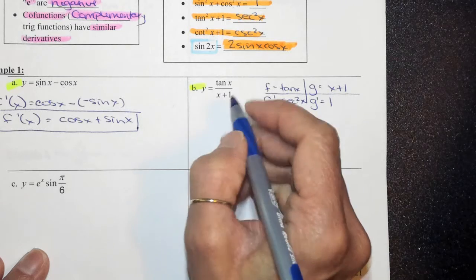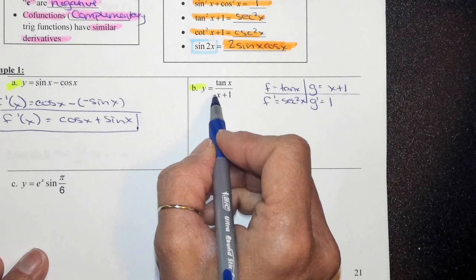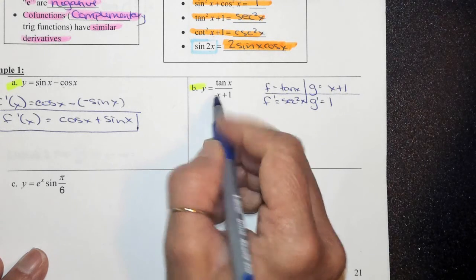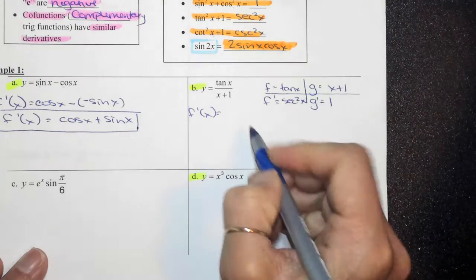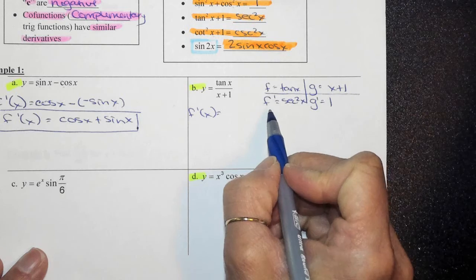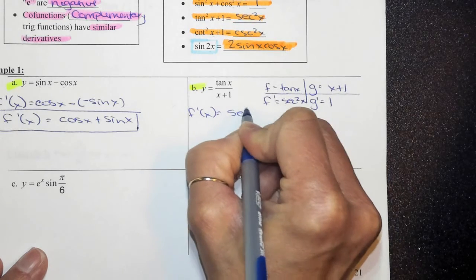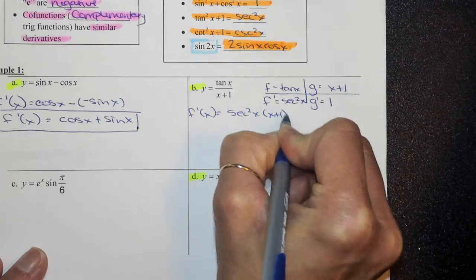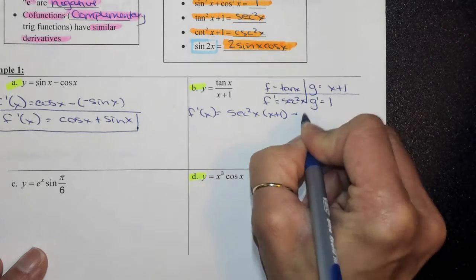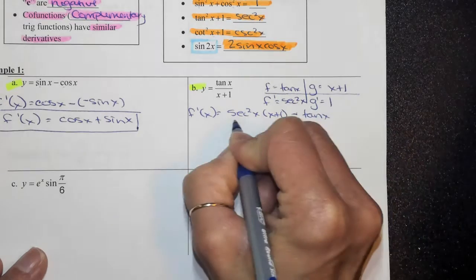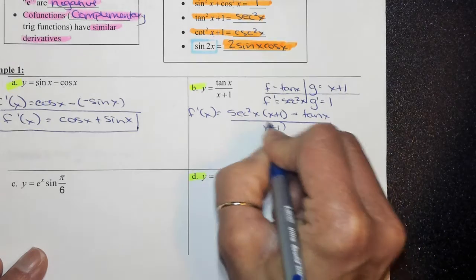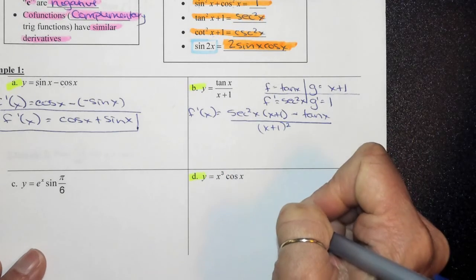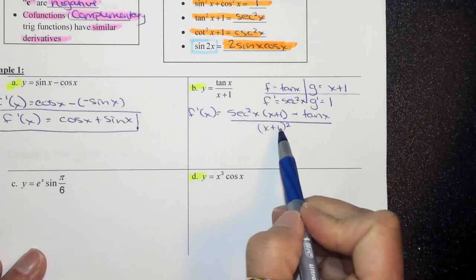So now I need to use the derivative rule for a quotient. So f prime of x is equal to f prime times g, so this would be secant squared of x times x plus 1, minus f g prime, so this is just the tangent of x, all over g squared, which is x plus 1 squared. This technically is your answer.